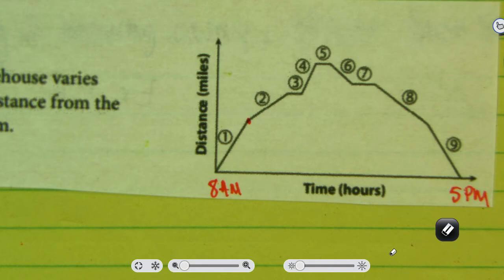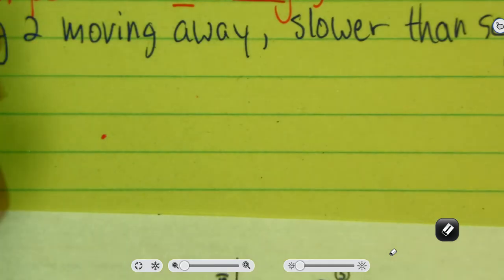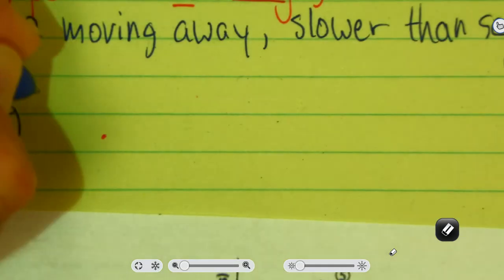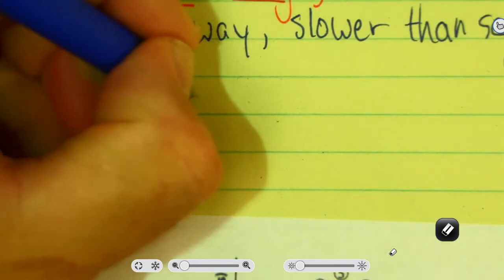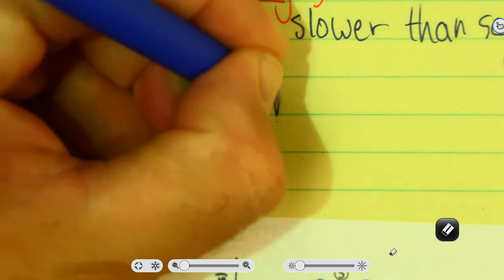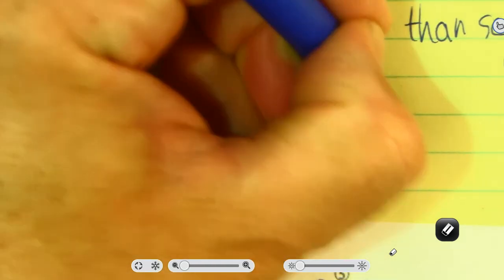Is my distance getting smaller? It's getting smaller. So if it's getting smaller, then I'm coming back to the warehouse, right? So for B, segment 6, I begin returning to the warehouse.